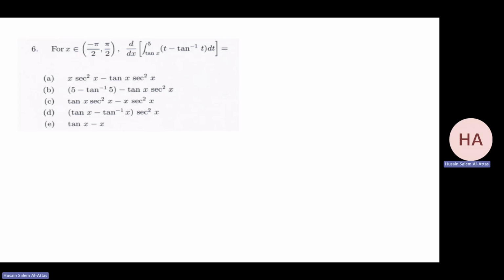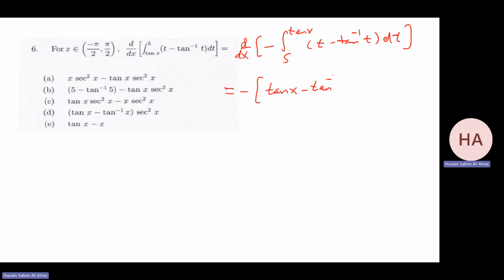Okay. This is the Fundamental Theorem of Calculus. So first, I need to rewrite this one from 5 to tan x with the minus sign, t minus tan inverse t dt. Okay. That will give me what? Minus tan x minus tan inverse of tan x times derivative of tan, which is secant square.